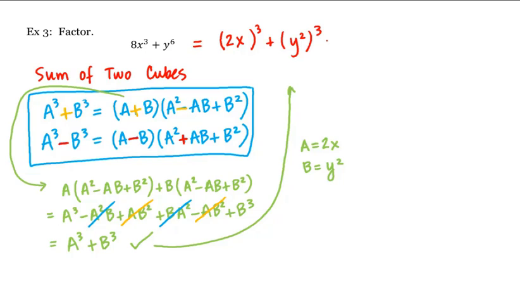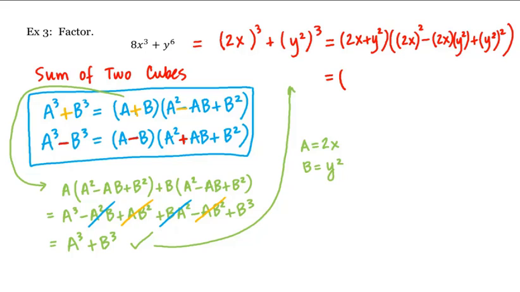So by our formula, this is equal to a plus b, or 2x plus y squared, and then times a squared, which is (2x) quantity squared, minus a times b, and then plus b squared, or plus (y squared) squared, which is equal to (2x plus y squared) times (4x squared minus 2xy squared plus y to the fourth), which would be our answer.